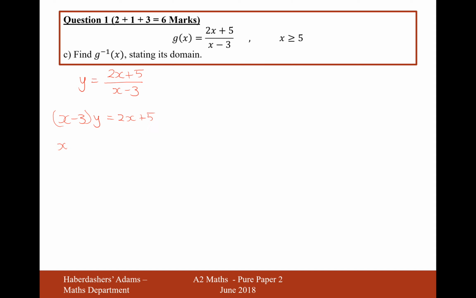So the way we do this is we multiply up the x minus 3 onto the other side, expand the brackets, then we put all the x's on the same side and put everything else on the other side. So what I'll do is I'll take away 2x on the left and add 3y onto the right. Then to turn 2 x's into a single x, we factorize, and then we divide by what's inside our bracket.